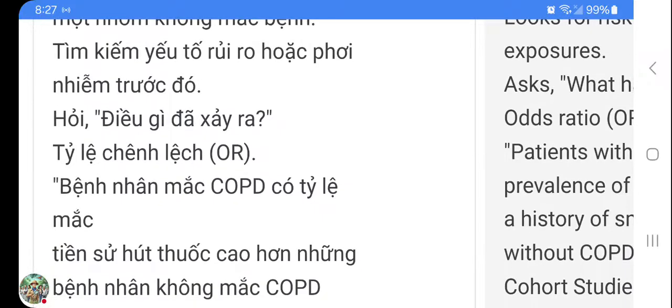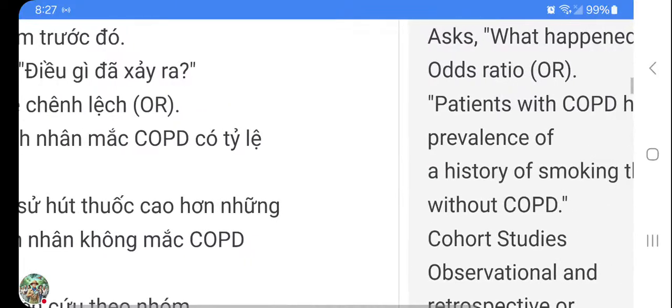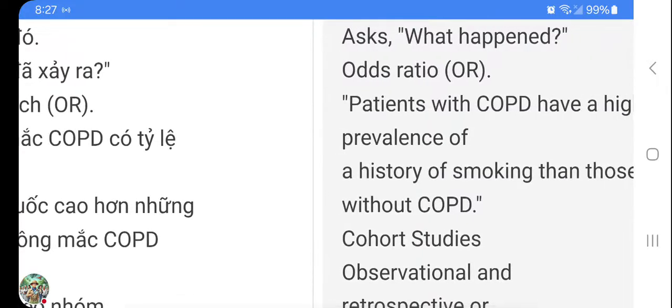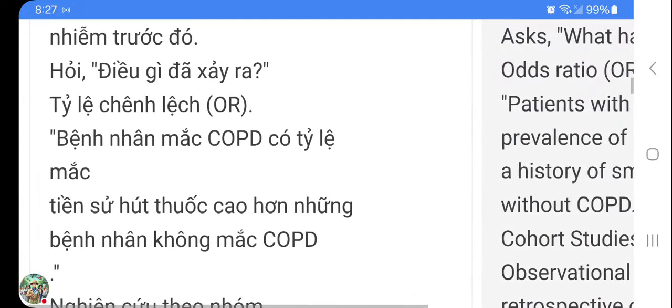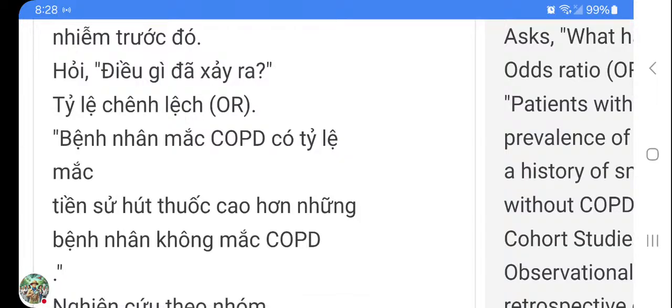So for example, we want to know whether patients with COPD or lung cancer have a higher prevalence of smoking than the group of people without COPD or without lung cancer.